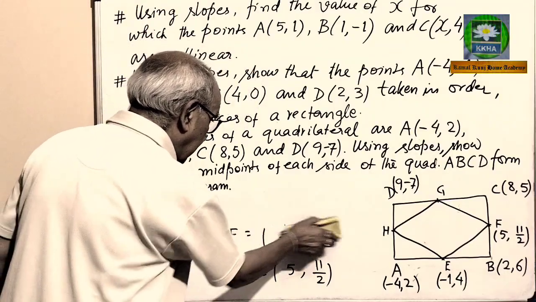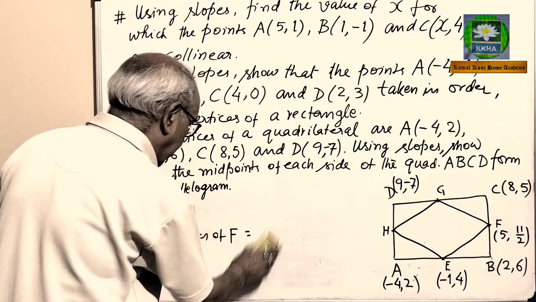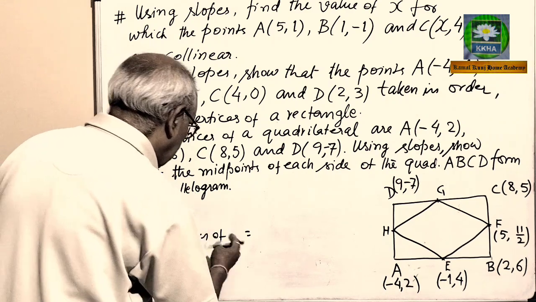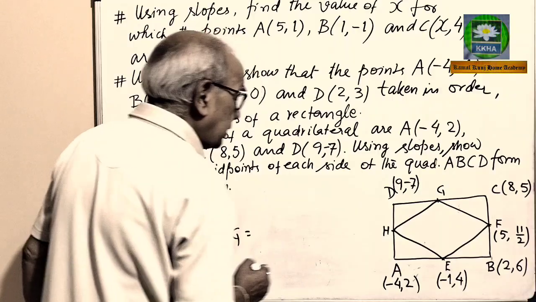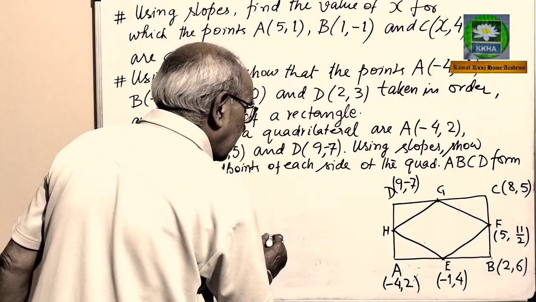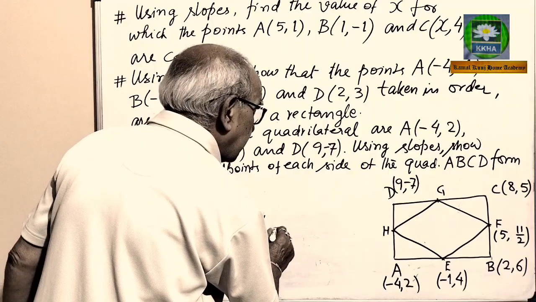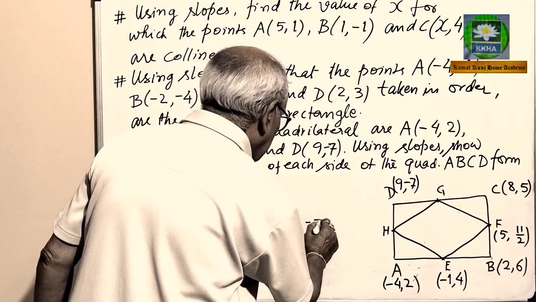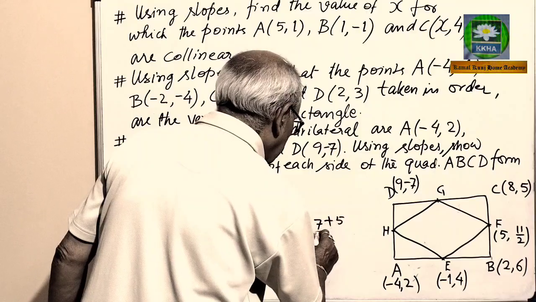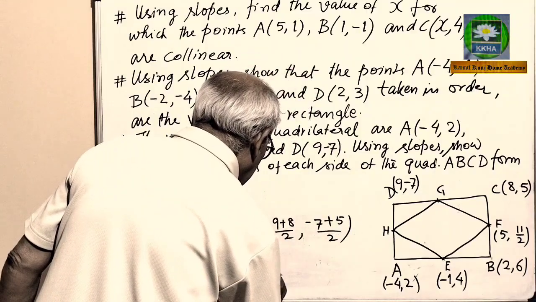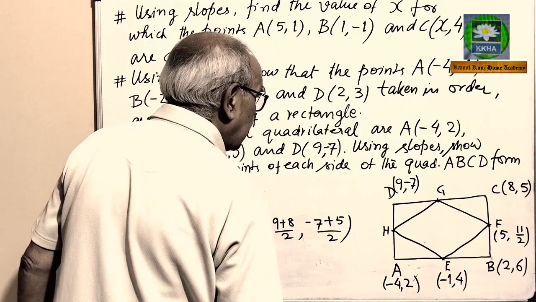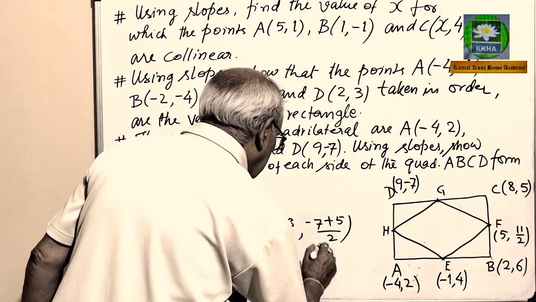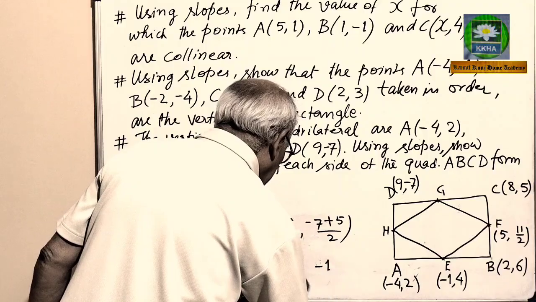Coordinates of G. Point G will be the midpoint of CD. 9 plus 8 by 2 and -7 plus 5 by 2 is equal to 17/2 and -1.